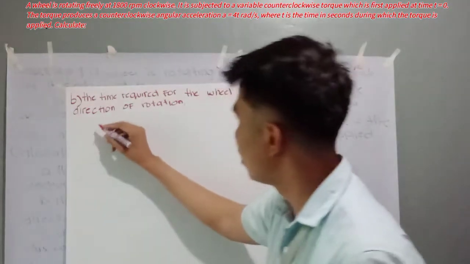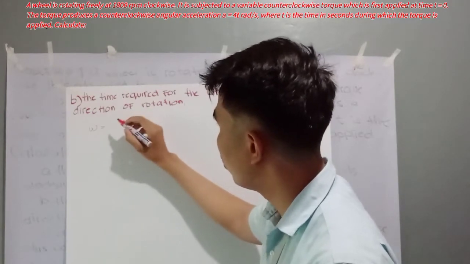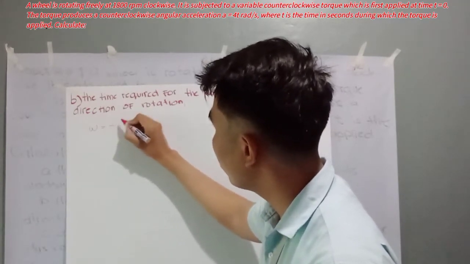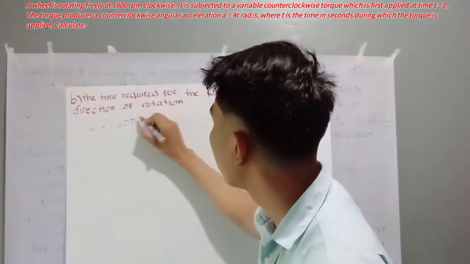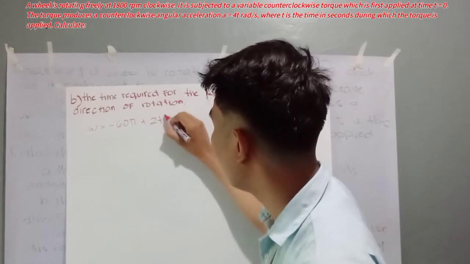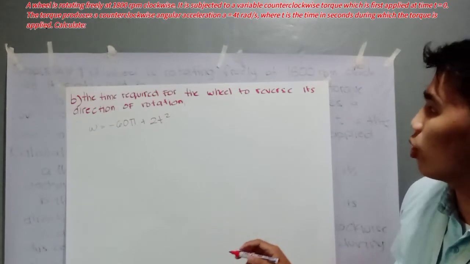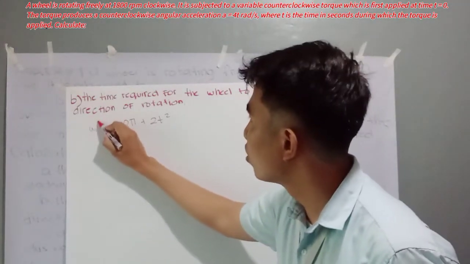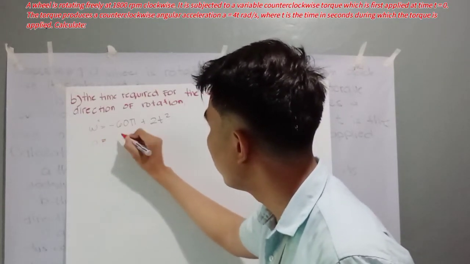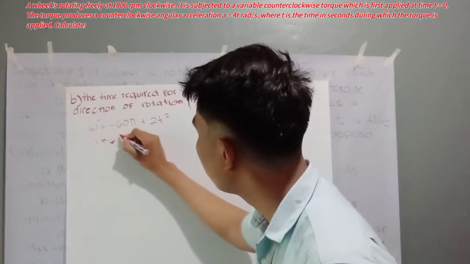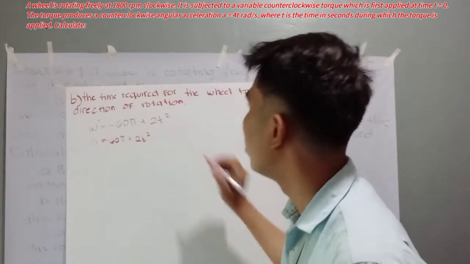Our equation is omega equals negative 60 pi plus 2t squared. So 0 equals negative 60 pi plus 2t squared.